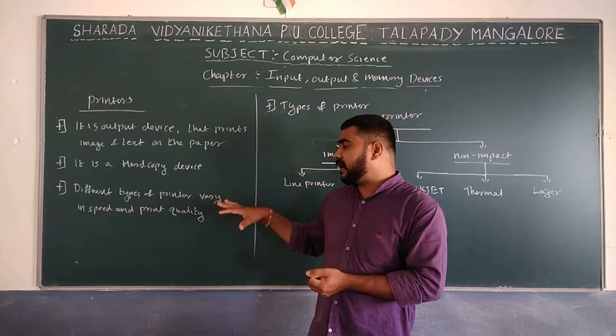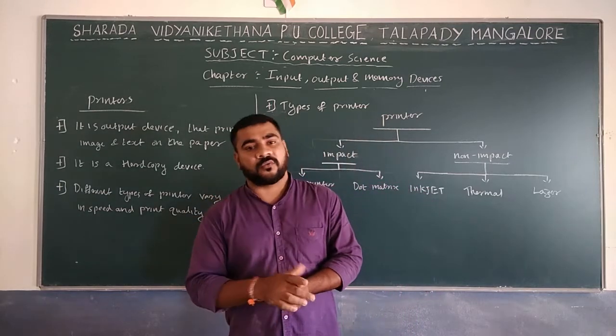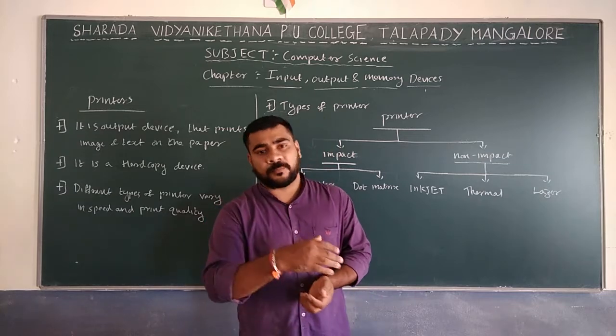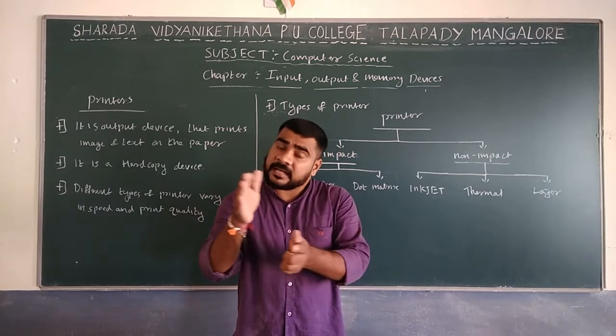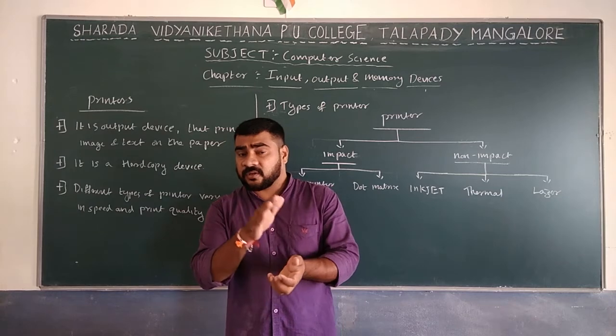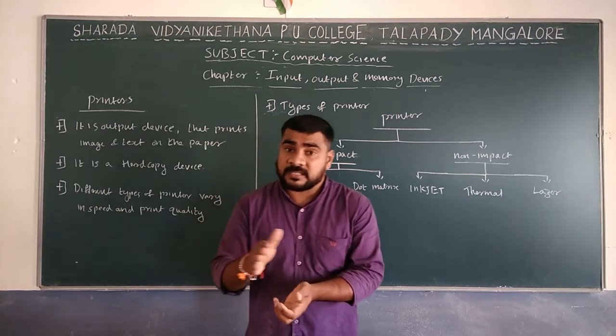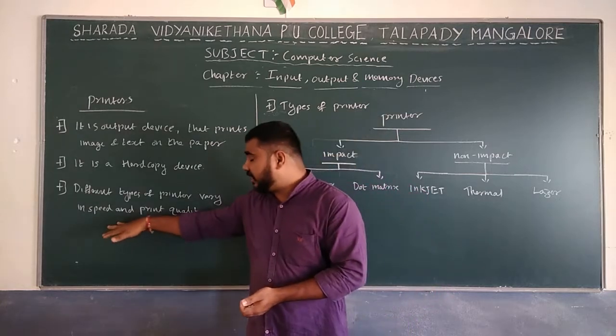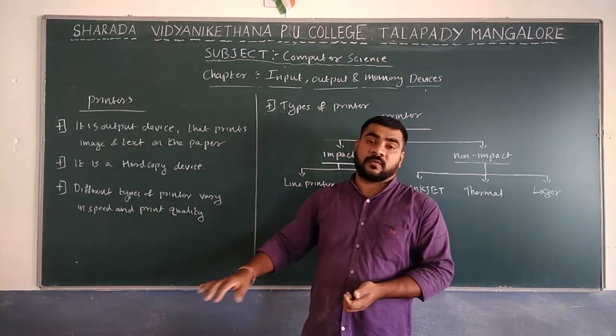Different types of printers vary in speed and print quality. There are different kinds of printers, so it is possible to categorize them in different categories, mainly based on speed and printing quality.